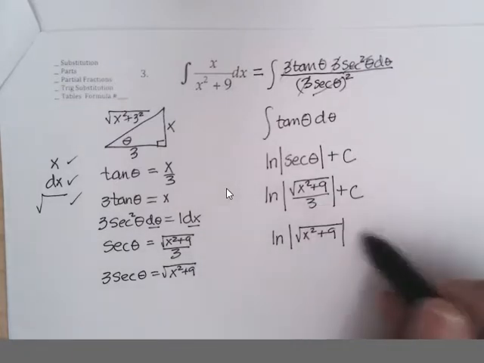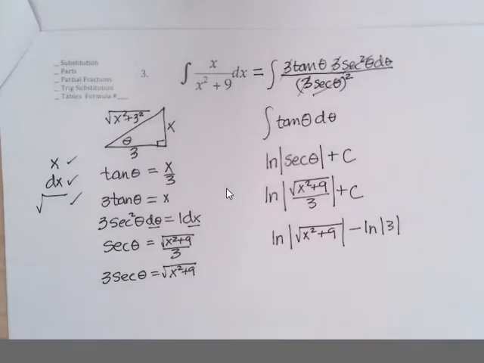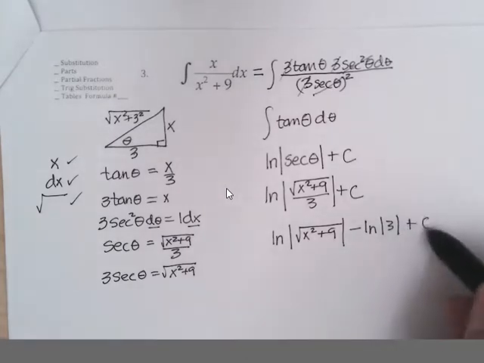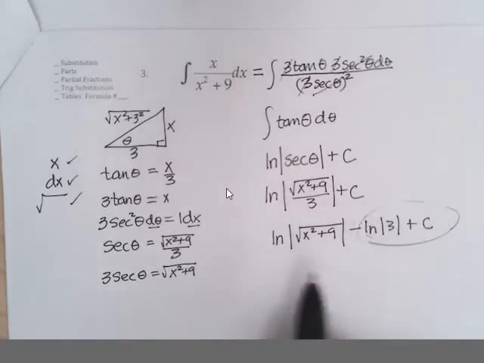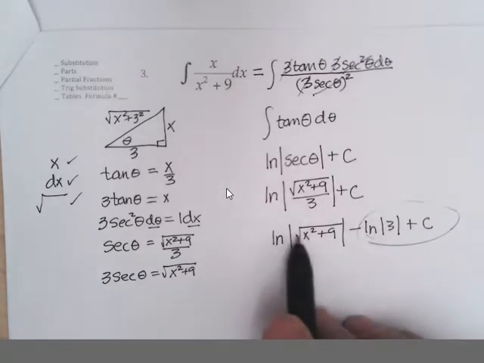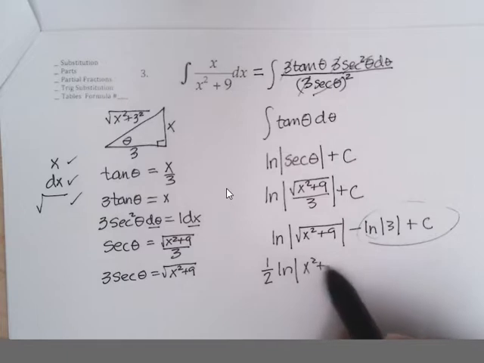But if you got a division, this can be called ln of 3 plus a constant. Well, this is a constant, so those could be combined, so you can ignore that. And then this is the half power, and you could pull it out, and you can call it 1/2 ln absolute value of x squared plus 9, which is what you would get with substitution.